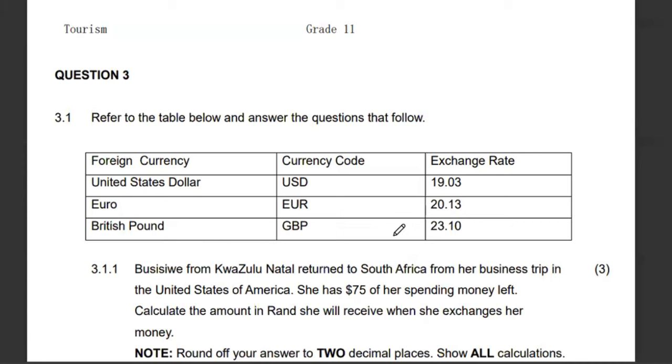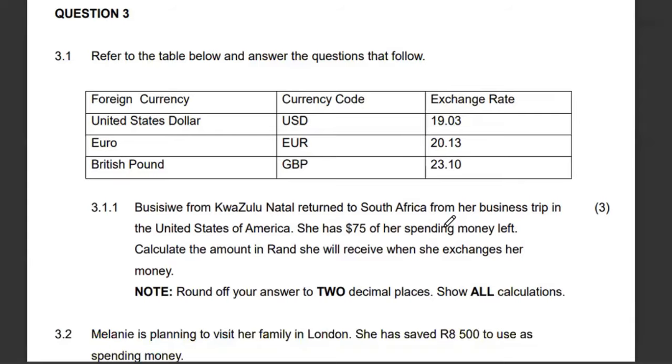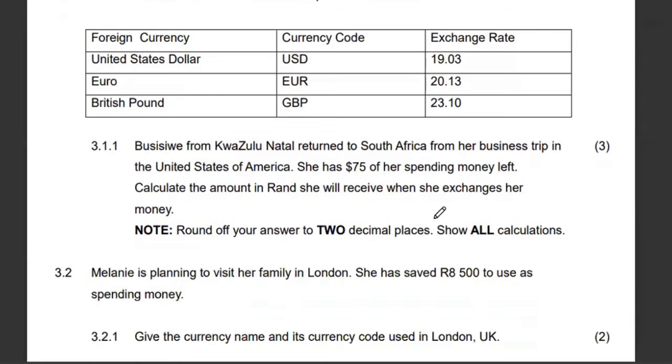British pound, GBP, 23.10. Usisiwe from KZN returned to South Africa from her business trip in the United States of America. She has $75 spending money left. Calculate the amount in rand she will receive when she exchanges her money, correct to 2 decimal places, showing all calculations.